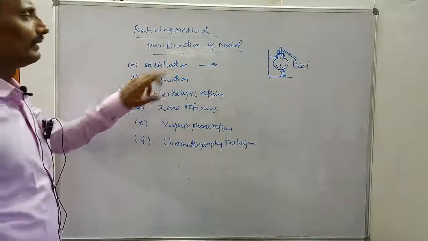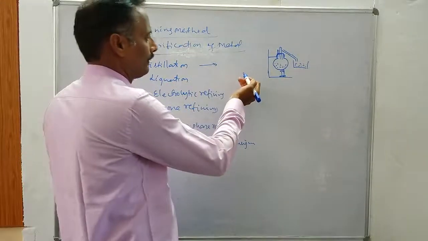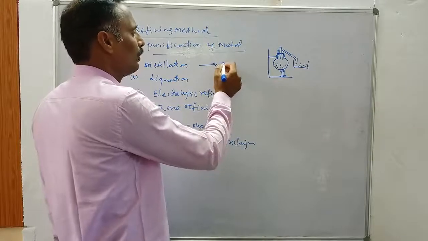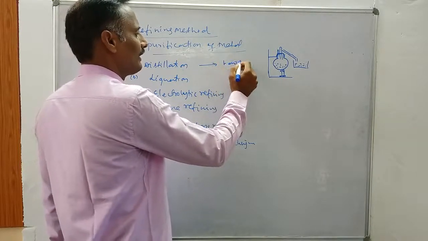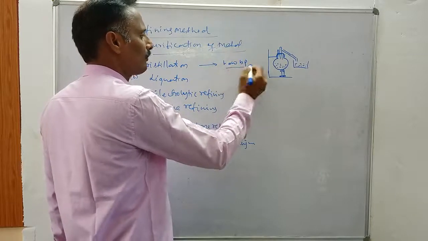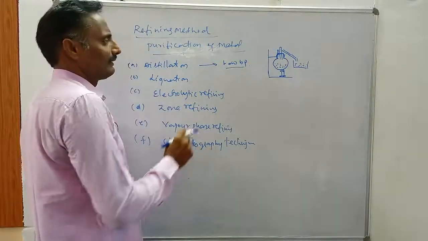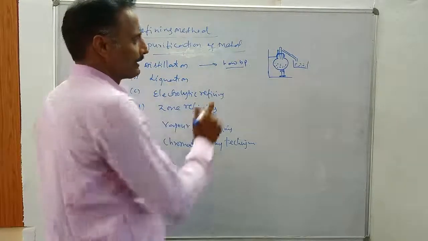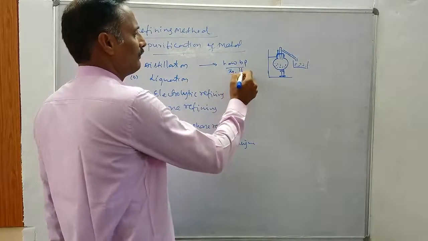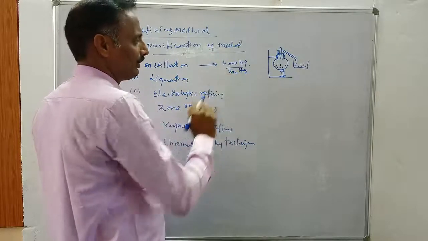The distillation method is mainly used for the separation of low boiling metals. Metals with low boiling points can be purified by distillation, especially zinc and mercury, which have low boiling points.